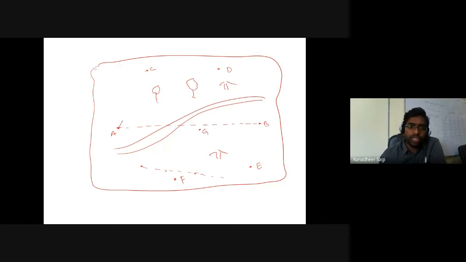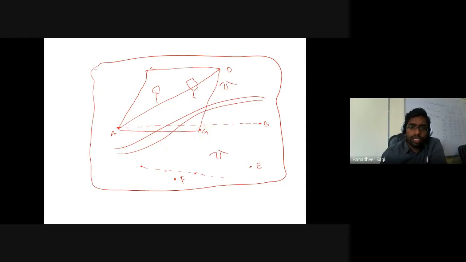So A to C is one control line, C to D is another control line, and like this, A to D is another control line, maybe C to G is another control line, A to G is another control line.